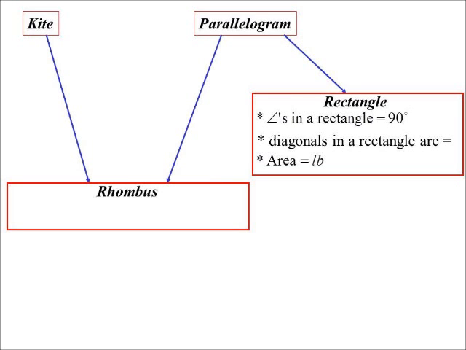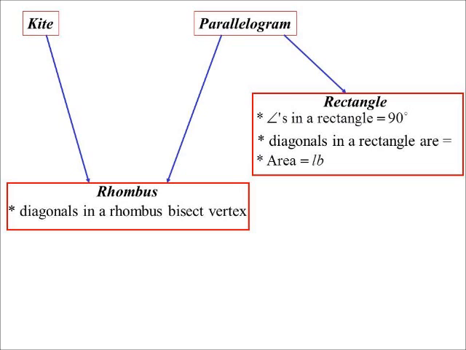Rhombus is both a parallelogram and a kite, so it has all those features, but in addition, the diagonals in a rhombus will bisect the vertex. Now this is the mistake people make with a parallelogram, and often people say that in a parallelogram. Not true for a parallelogram. It's not until it becomes a rhombus that the diagonals will bisect the vertex.